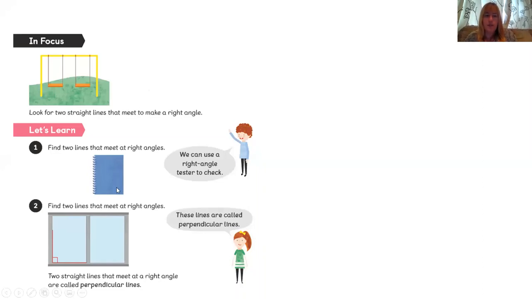So perpendicular lines are where two lines meet and they make a right angle. Now we learned about right angles last week, so you could use your right angle tester to help you.